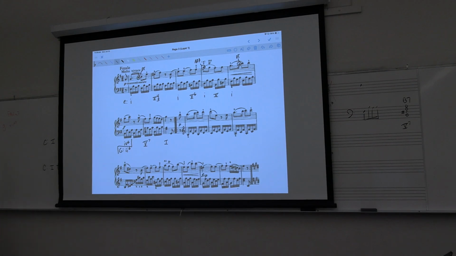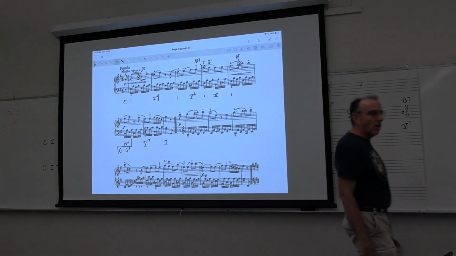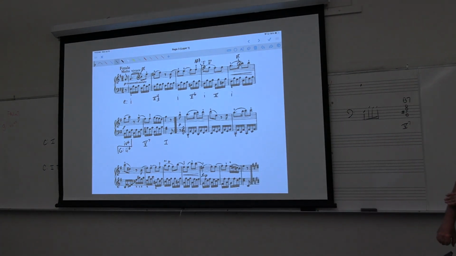You have to bear both of those things in mind. It's almost like seeing multidimensionally, seeing into the future, which musicians do. So that's a good example of that. You really have to look ahead to see the logic in the new key. Everybody okay with that? All right.